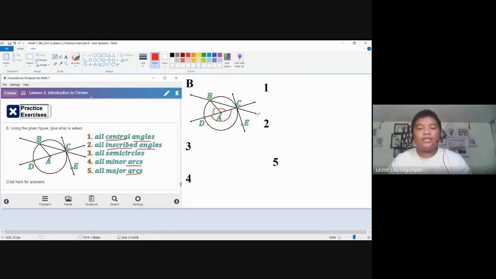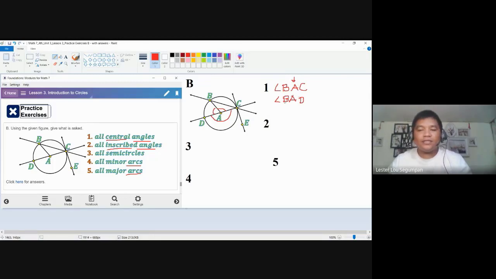So how do we name these angles? Definitely, we use the vertices. For number one, let's use this first: angle BAC. Please don't forget how to name angles. We used three letters here because the vertex A is also the vertex of the other angles, as it is the center of the circle, and we place that vertex in the middle. The next central angle formed here is angle BAD, or DAB.